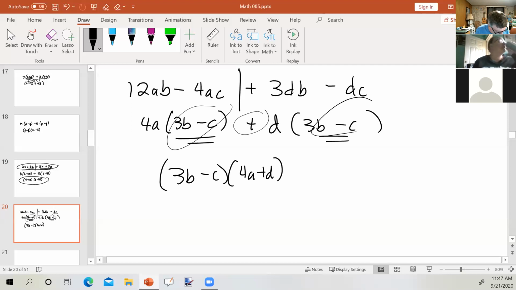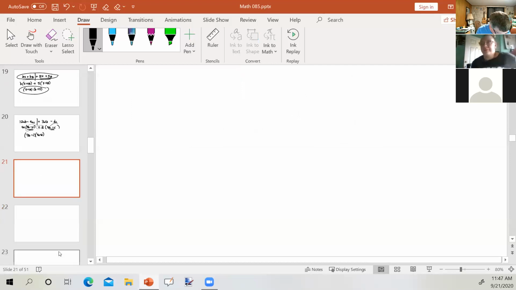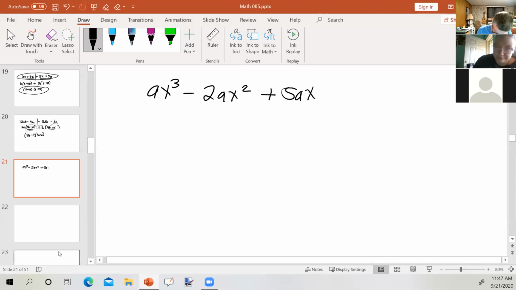Let's see here. How about this one? ax cubed minus 2ax squared plus 5ax minus 10a.